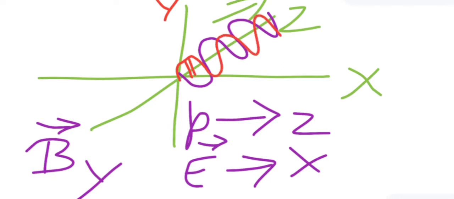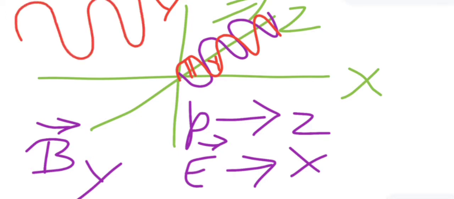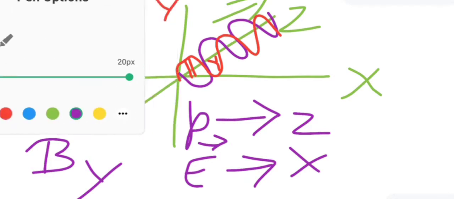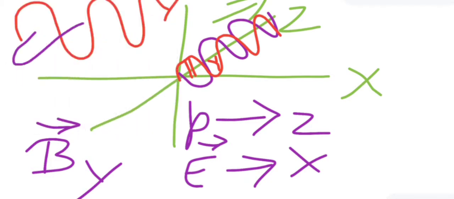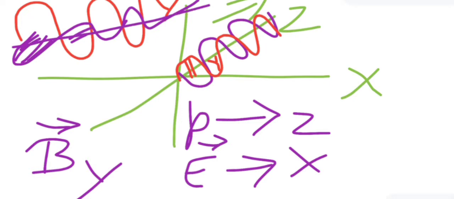Three dimensions is very difficult to draw on this kind of two-dimensional board. That means the magnetic field will be up and down, whereas the electric field will be parallel to the ground.